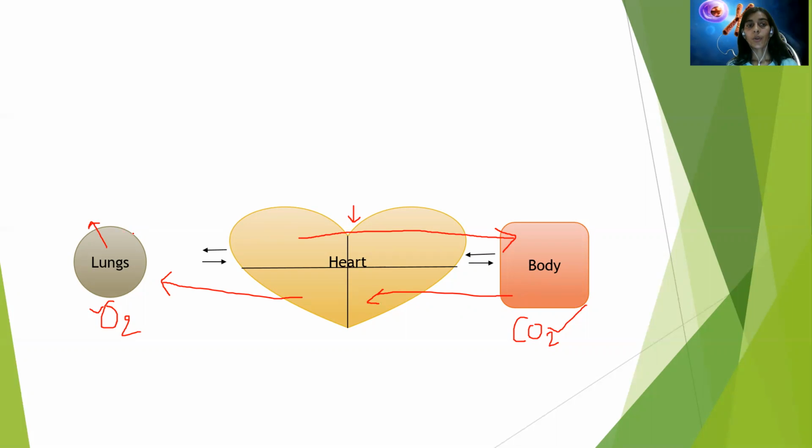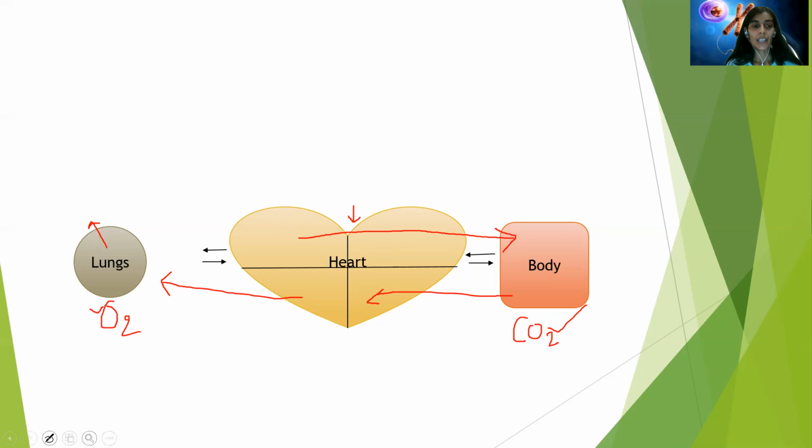That's why blood crosses the heart two times. One, when it carries oxygen from the lung to the body, and second, when it carries the carbon dioxide from the body to the lungs. In between, it crosses the heart.